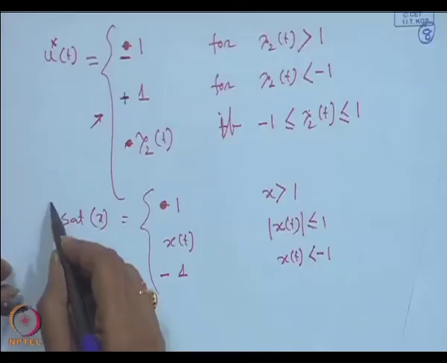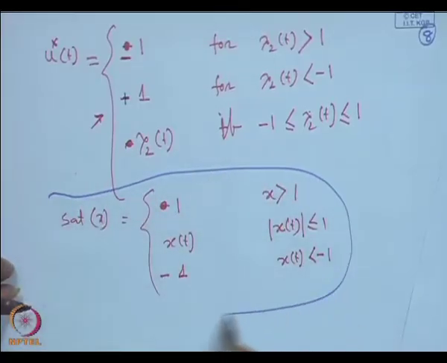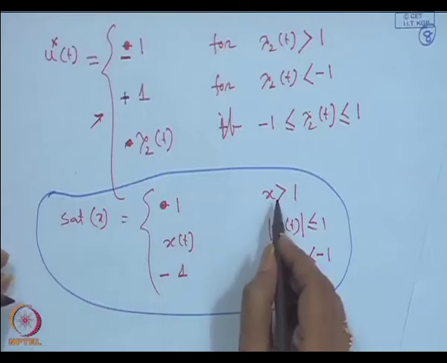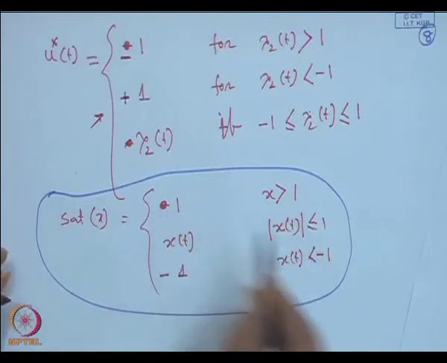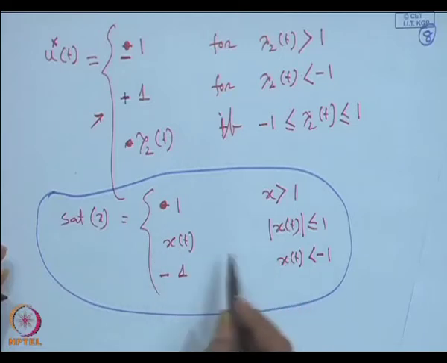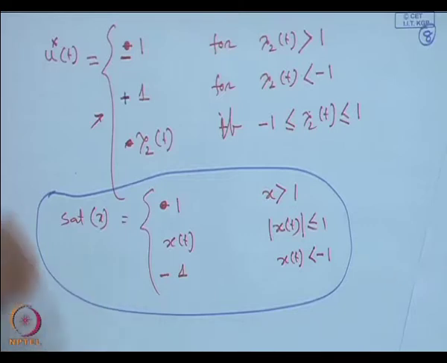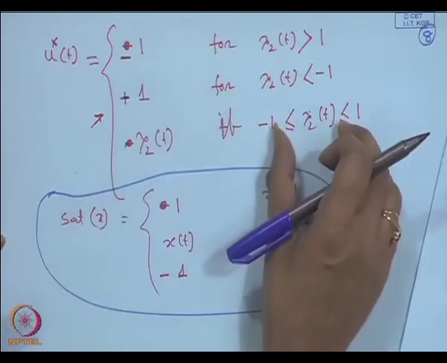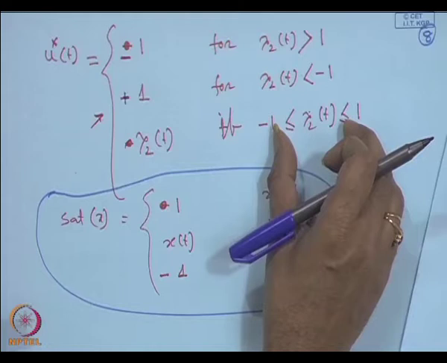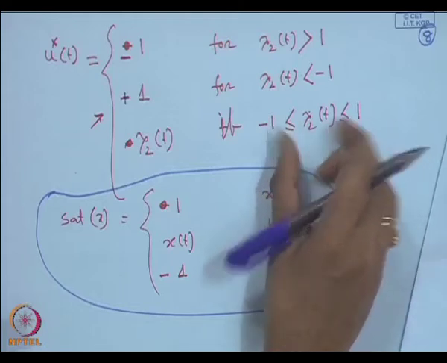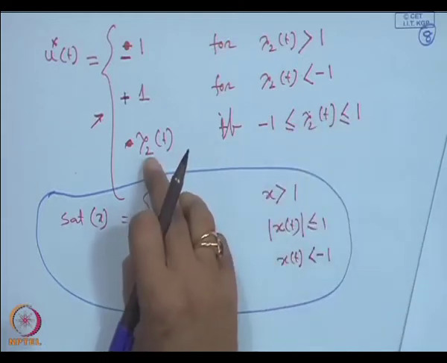So, this behaves like a saturation function: x greater than 1 is 1, x within the range is x, and x less than minus 1 is minus 1. This is a saturation function. Anyway, when lambda 2 is within the range minus 1 to plus 1, we switch to lambda 2.